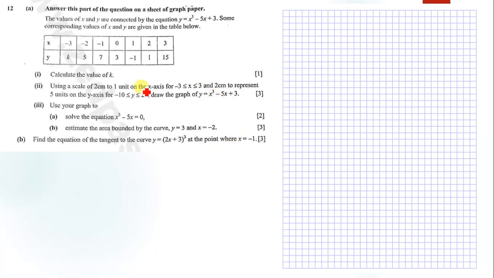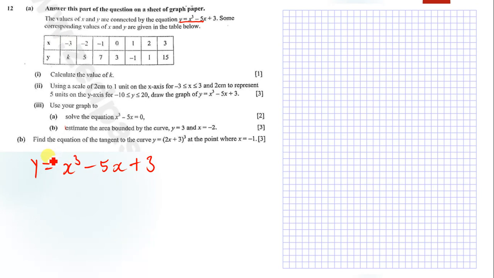Alright, so the first question says calculate the value of k. So to find the value of k, you get the same equation that you've been given. So the equation given is y is equal to x to the power 3 minus 5x plus 3. So we've been given the value of x there, which is -3.